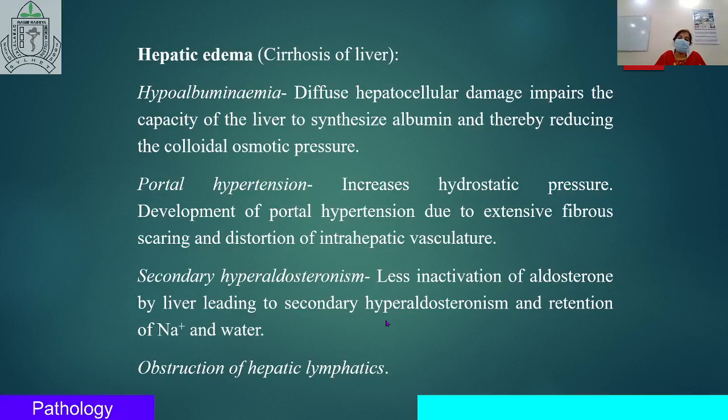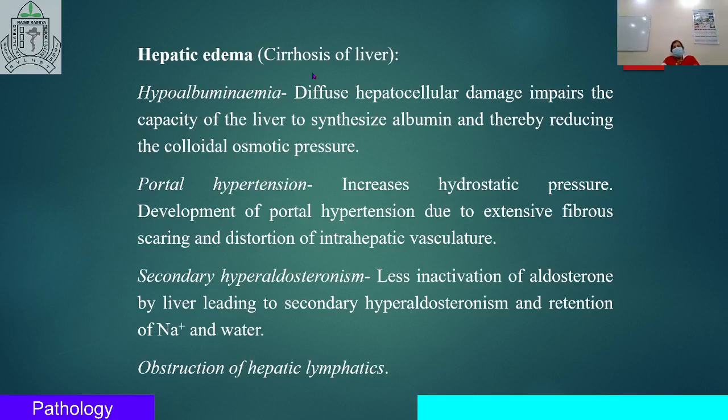We ask, what is primary and secondary hyperaldosteronism? The result is retention of sodium and water. Another is obstruction of hepatic lymphatics. That is lymphatic obstruction.